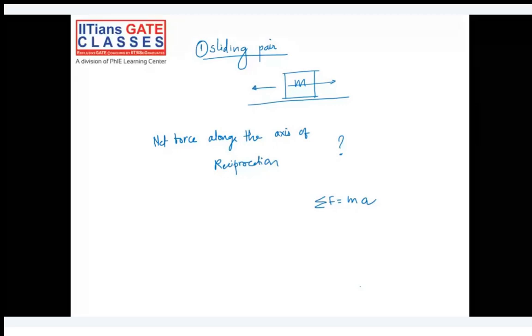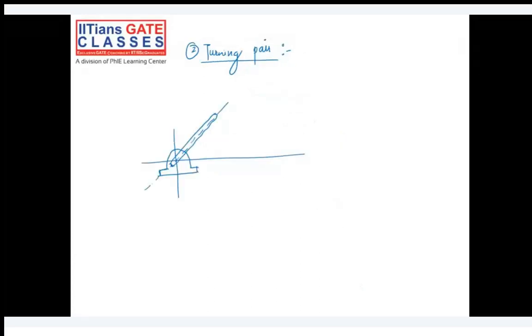What about the turning pair? Can you tell me what are the different forces or moments you can expect in a turning pair? So here I have shown a turning pair. Let's say the center of rotation is O, and let's suppose we have one point here which is the CG of this, the center of gravity.